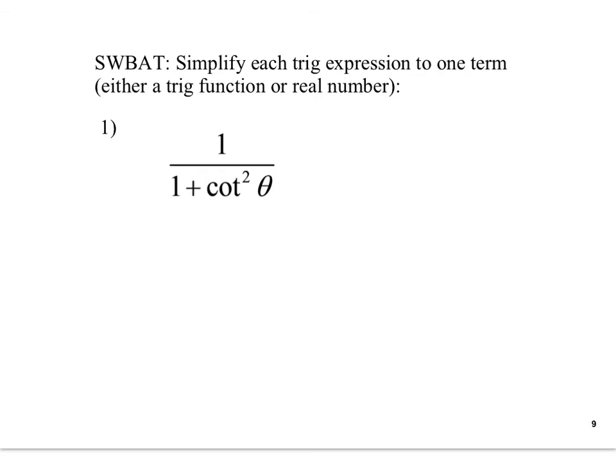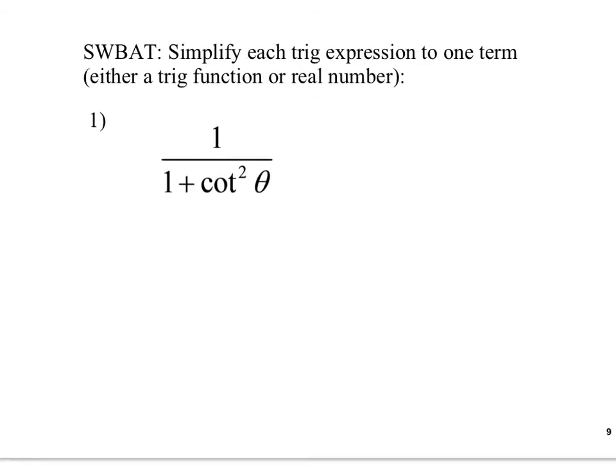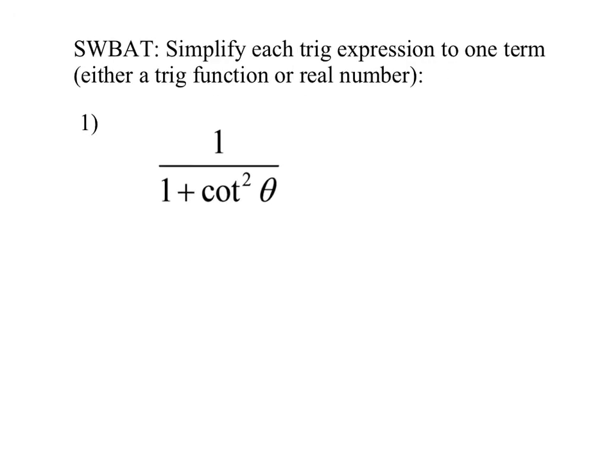Okay, so now we're going to try to simplify each of these trig expressions to one term. So it's either going to be a trig function or a real number. Just one term is what I want. So 1 over cotangent squared, you should remember, look it up. You see a squared, think Pythagorean.